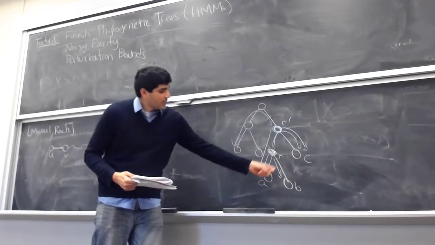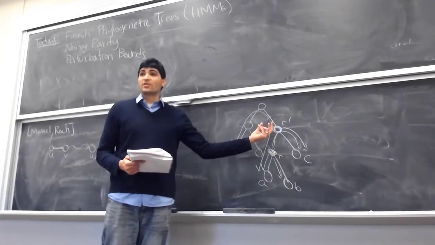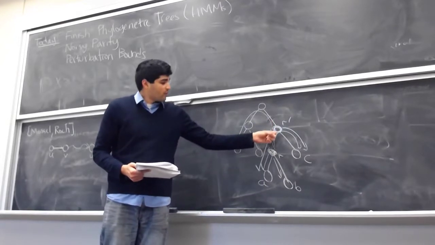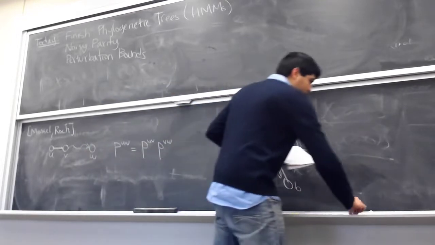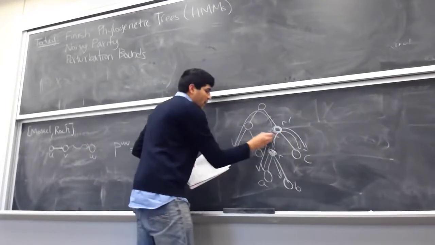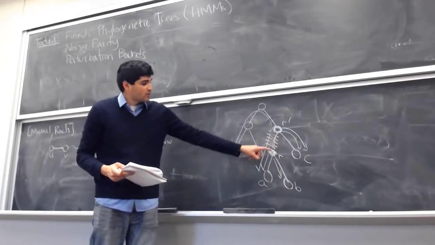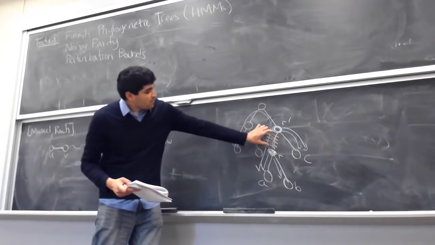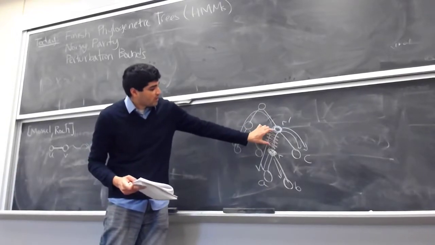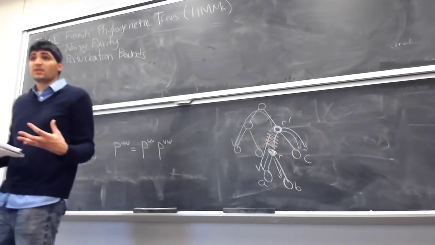And now I have 3 different leaves, which are conditionally independent again. So I've created my star diagram. And when I find this path right here, the difference between these 2 paths is just this edge. So when I find this transition matrix and this transition matrix, I can use the fact that the missing transition matrix I'm looking for, this times this equals this, and I can solve for it by a linear system.